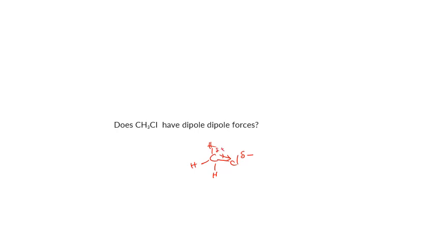So we will have a net dipole. So the molecule is going to be asymmetric in terms of electron density, so we will have a dipole-dipole interaction, because of the unequal distribution of electrons. So our answer is yes, it will have dipole forces because one of the atoms is highly electronegative compared to the others.